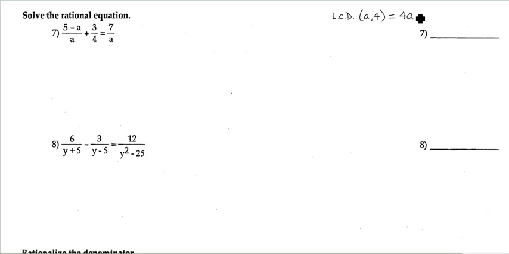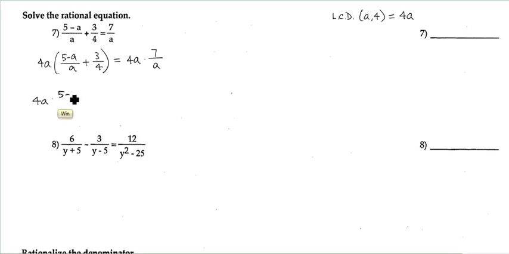We cannot suddenly multiply something by 4A, but luckily we have an equation. So we can multiply both sides by 4A: 4A times the left-hand side equals 4A times the right-hand side. On the left-hand side, we have two terms, so we are going to distribute the 4A.